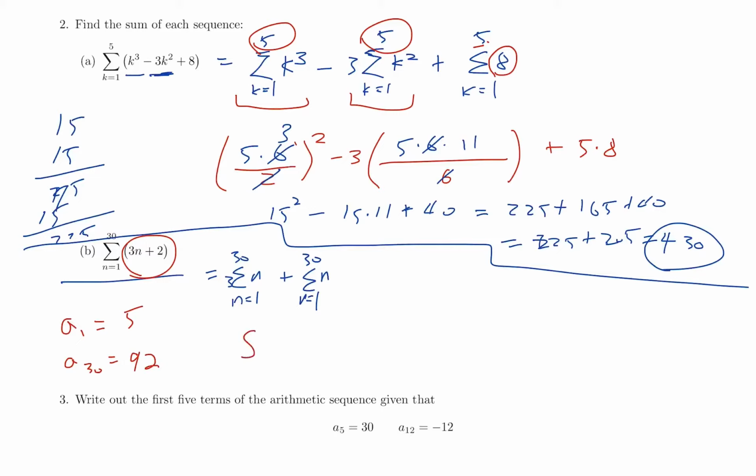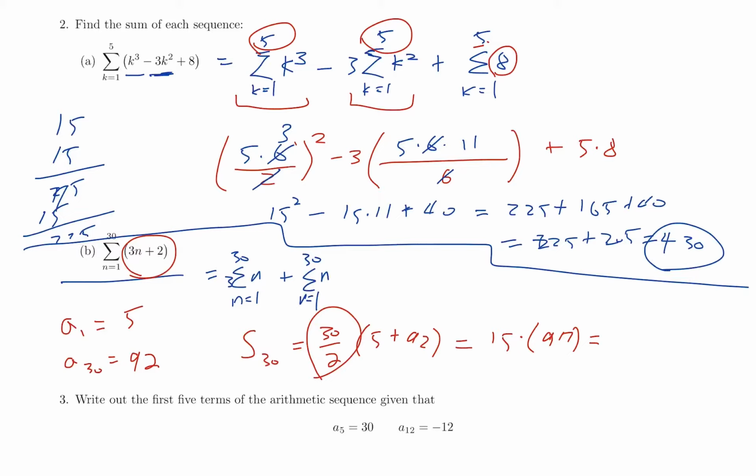So then the sum of 30 terms in an arithmetic sequence would be n over 2, which is 30 over 2 times 5 plus 92. So we have 15 times 97.